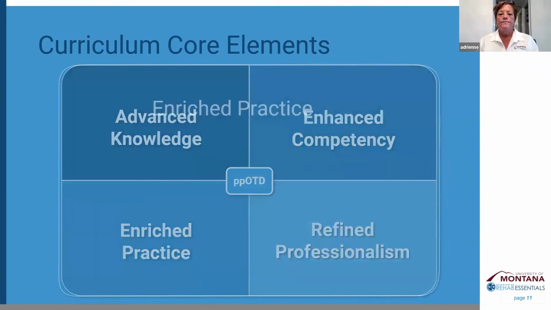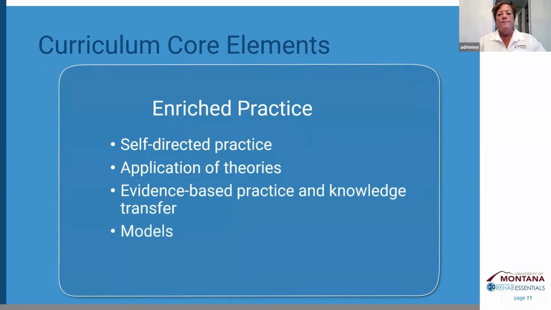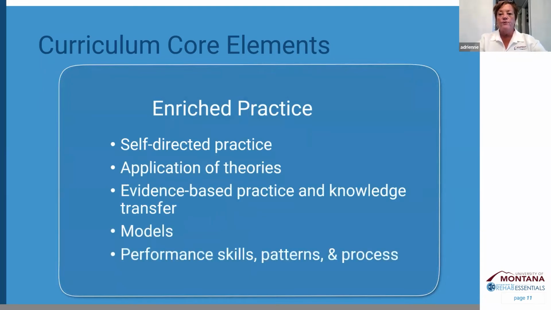In terms of an enriched practice, we've infused throughout the curriculum ideas and opportunities to reflect on self-directed practice. How do we examine what it is we are doing currently in practice, and how do we critically analyze that, and how do we direct ourselves and others around us to challenge the process, if you will, and create an infused theory, create an infused evidence-based practice?